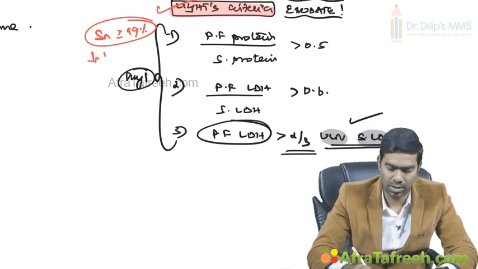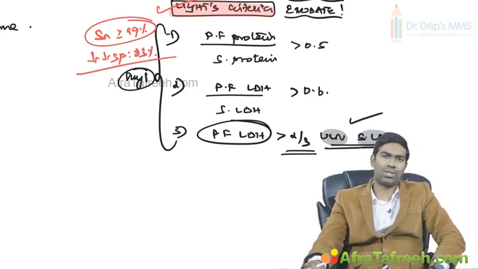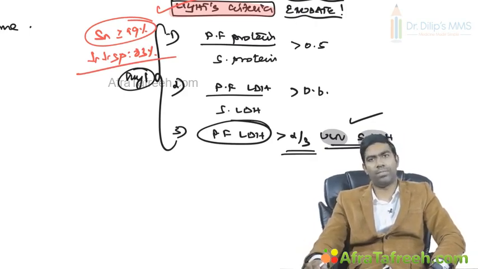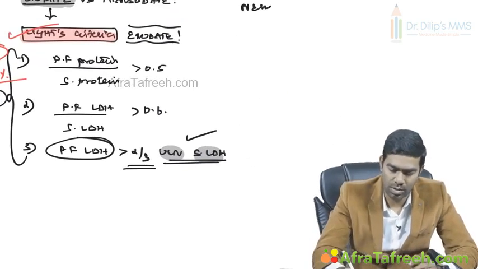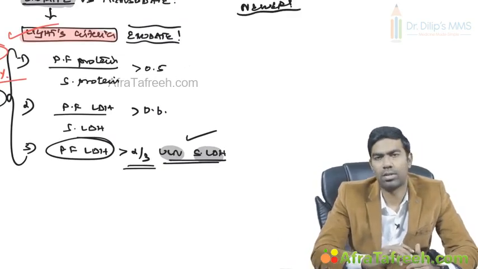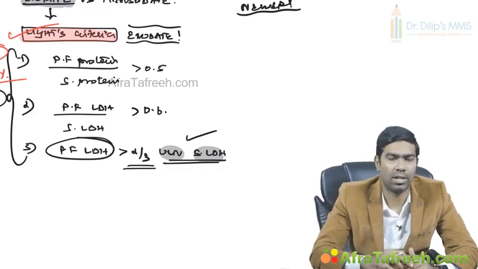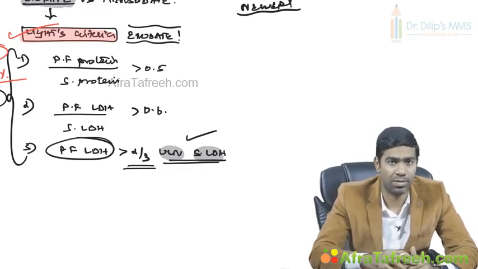But the problem is it suffers from low specificity of only 83%, which means there is a 17% possibility that transudates may be considered exudates according to Light's criteria. So that's why we have some newer criteria that have higher specificity compared to Light's criteria, even though they have a lower sensitivity.